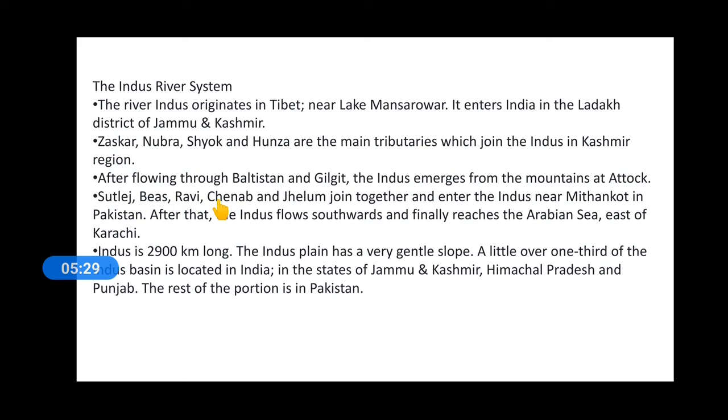After flowing through Baltistan and Gilgit, the Indus emerges from the mountain, and it has different other names too. Indus is 2,900 kilometers long. Indus is very gentle and slow. A little over 1/3 of the Indus Basin is located in India, in Jammu and Kashmir, Himachal Pradesh and Punjab, and the rest is in Pakistan.